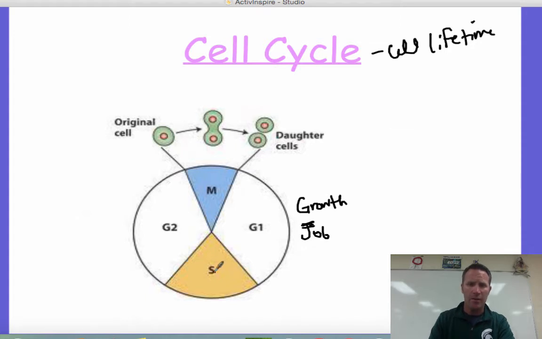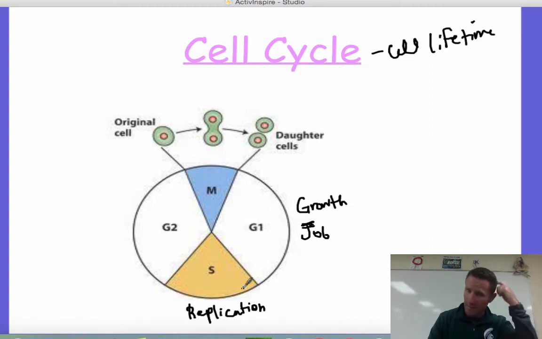Okay, at some point they're going to go through the S phase, which is called synthesis, but the S phase really means DNA replication. So this is that stage of the cell cycle where replication is happening, and so we're copying our DNA, and so it's not doing its job during this. Then we're going to go to the G2 stage, and that's more growth, and that's more doing its job.